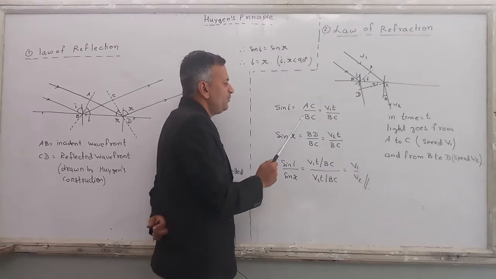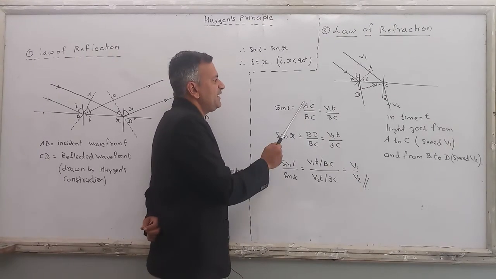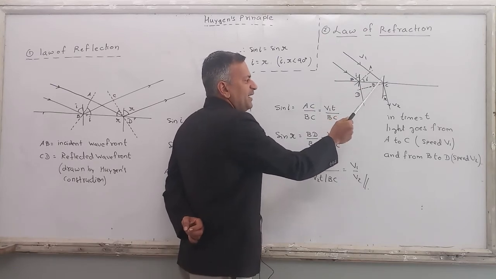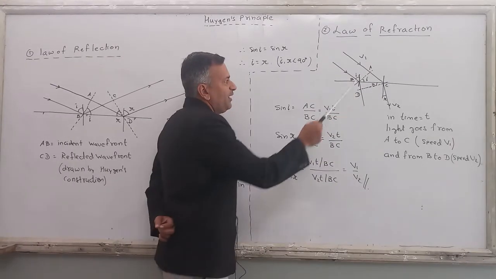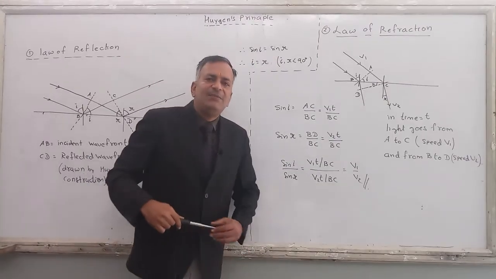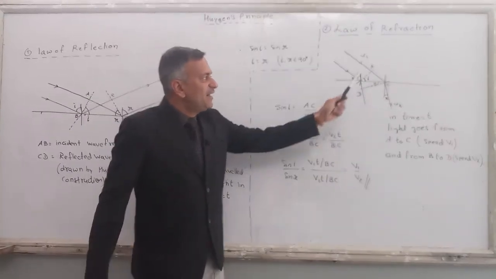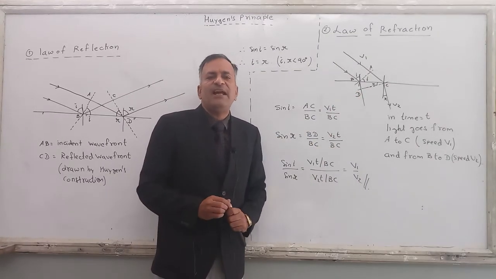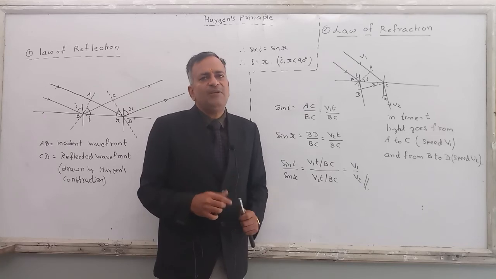Now in these two, BC and BC are equal, but what is AC? It is the distance traveled by the light in time t. What is BD? It is also the distance traveled by the light in time t. Now you will ask, sir, why is the distance AC bigger and BD smaller? See, the ray of light is going from rarer medium to denser medium.